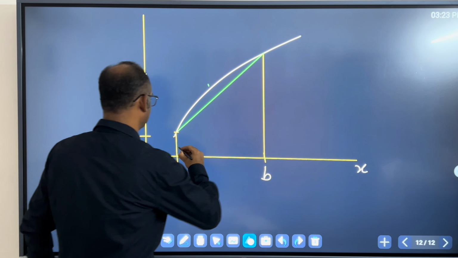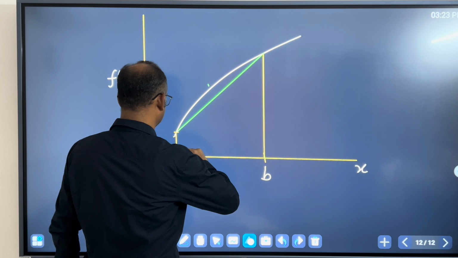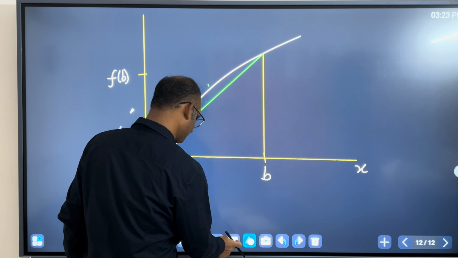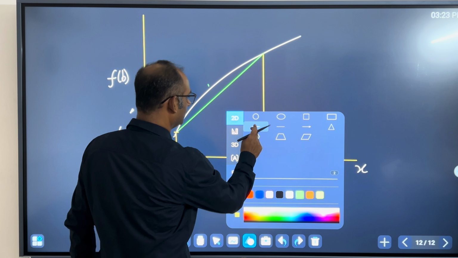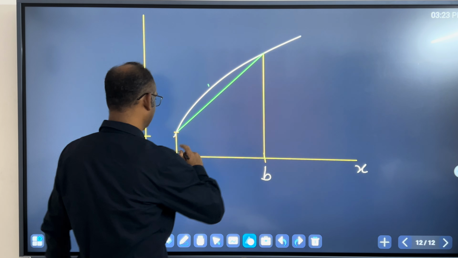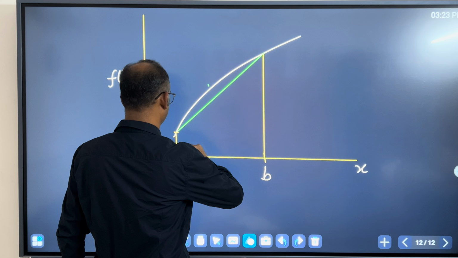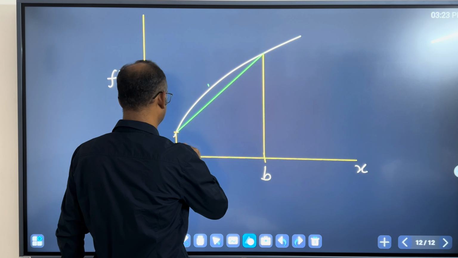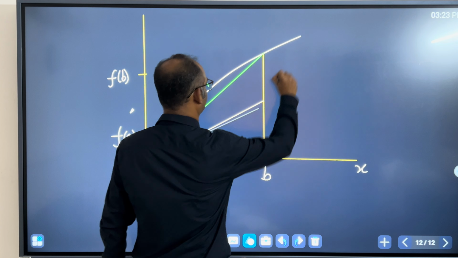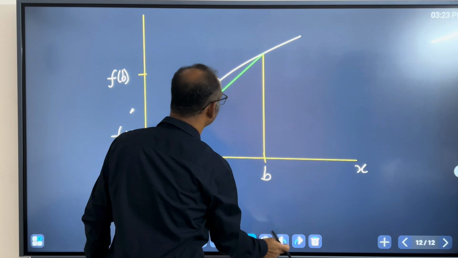Let's draw another one. Let's have another curve, let's say this curve.